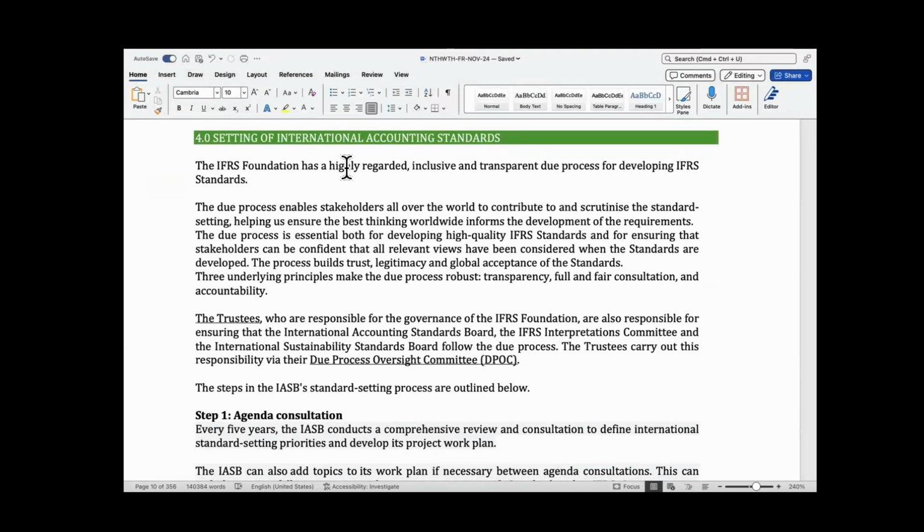we're going to talk about the setting of international accounting standards. I would like to set out the process for developing accounting standards. And don't forget, this is applicable to the IASB, to whom development of accounting standards has been delegated.